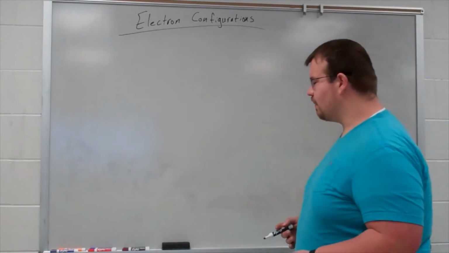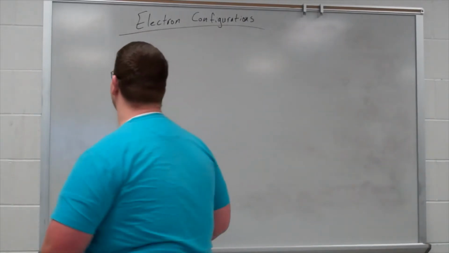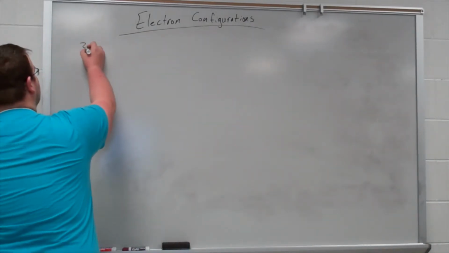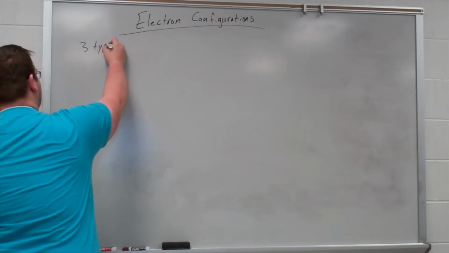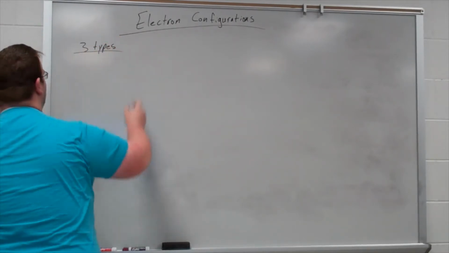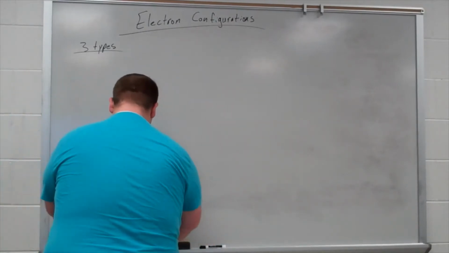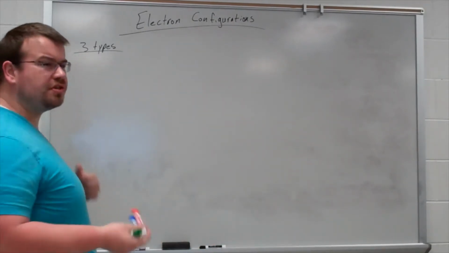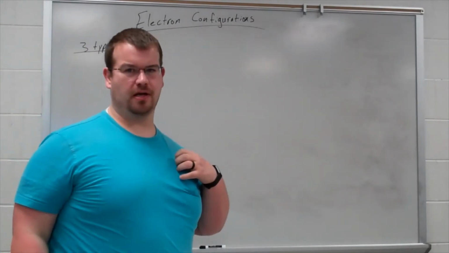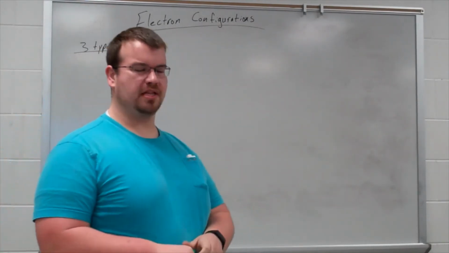So the first thing I want to talk about, there's three different types. Three types of these electron configurations. They are very special, and they all serve a specific purpose for us. And we'll get more in detail with it here in a little bit.